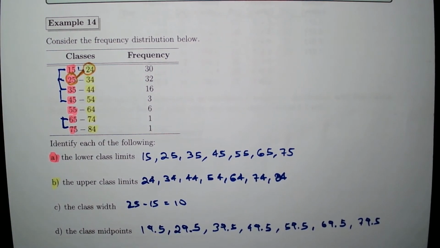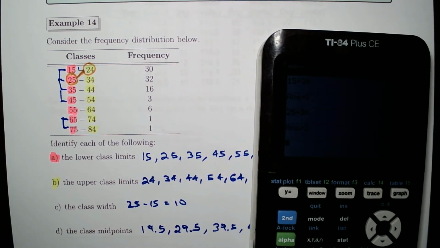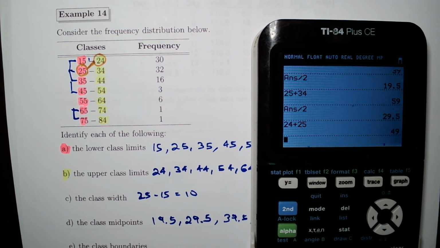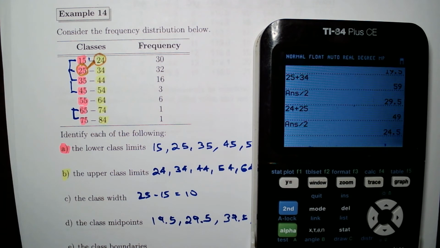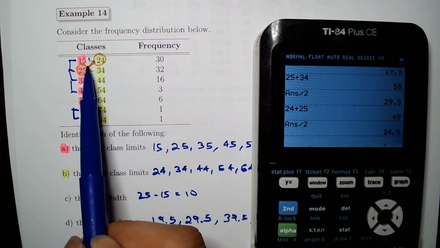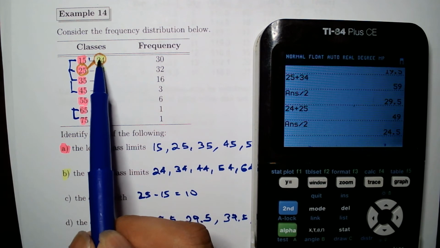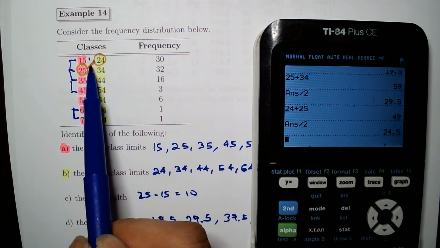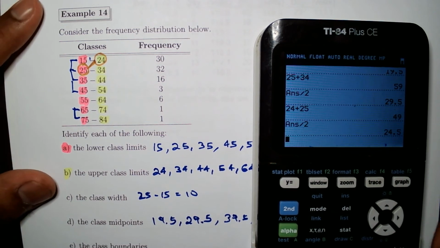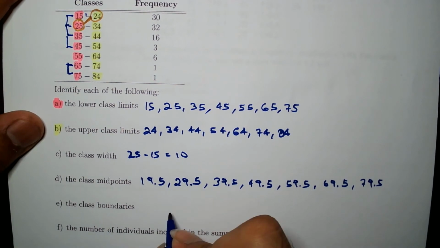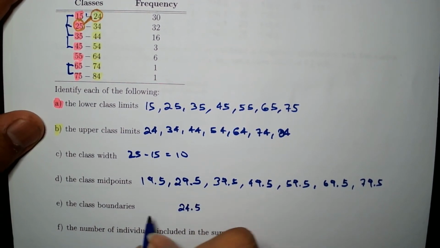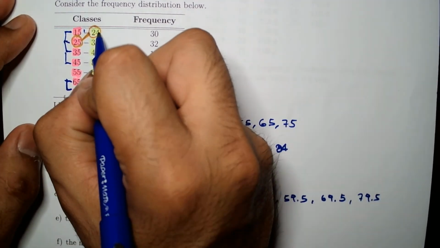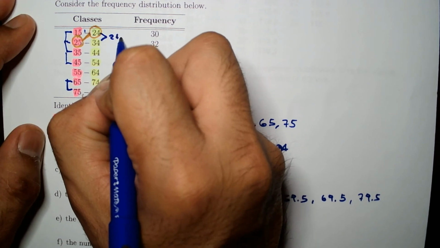So this is what we're going to do. 24 plus 25 is 49, divide by 2, 24.5. That is the midpoint between the upper limit of a class and the lower limit of the next class. So the number is 24.5, but I'm going to leave a space here for a reason. That is, between these two classes there's a 24.5.